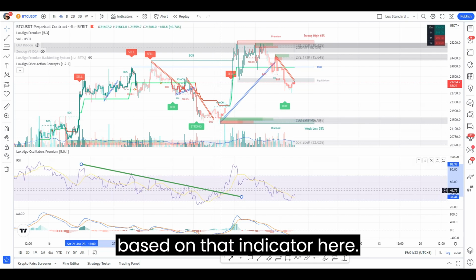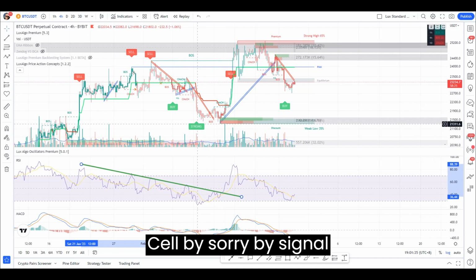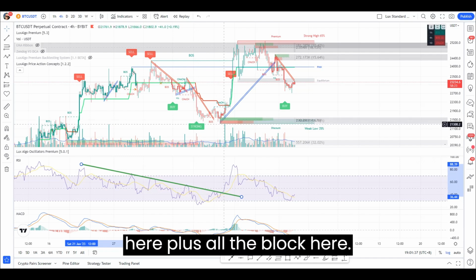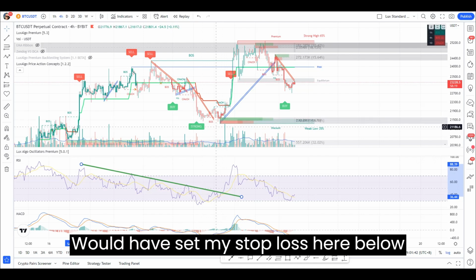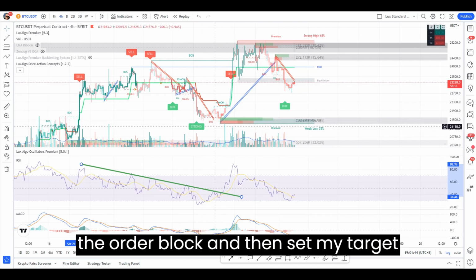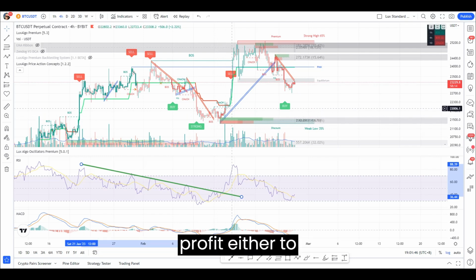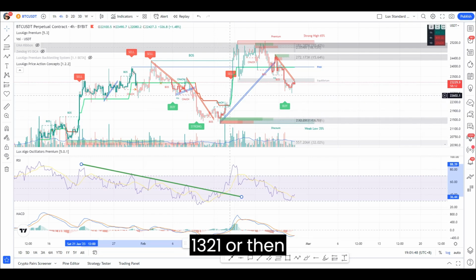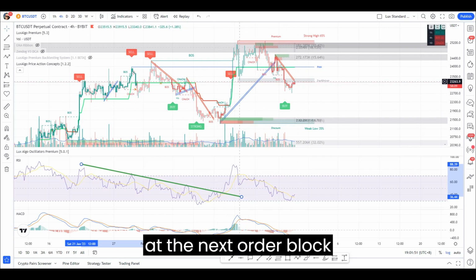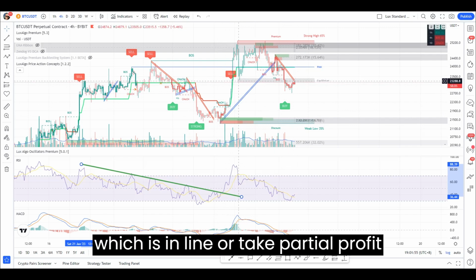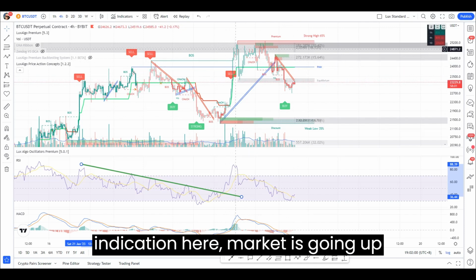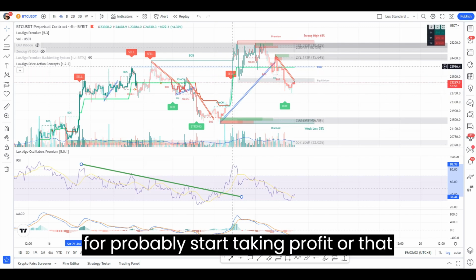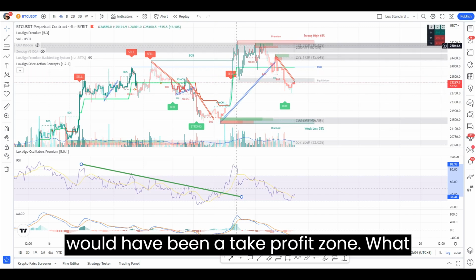Based on that indicator, a buy signal plus the order block here, I would have set my stop loss below the order block, and then set my target profit either 2 to 1, 3 to 1, or at the next order block, which is in line, or take partial profit going up here. The same indication here. Market is going up, we'll probably start taking profit, or that would have been a take profit zone.